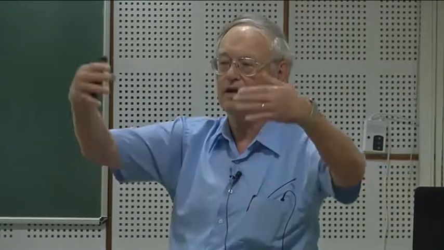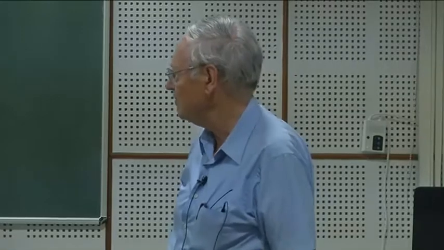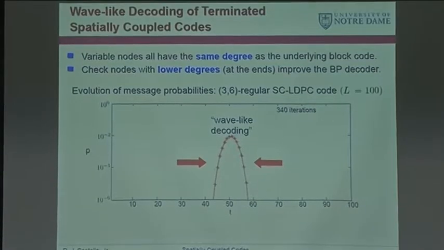Those are connected to further variable nodes, and this effect propagates towards the middle of the graph. Eventually the erasure probability of all the nodes will converge to 0 if we're operating below threshold. If you stop at a fixed number of iterations with these spatially coupled codes, you do have unequal error protection. The bits at the ends of the graph are protected better than the ones in the middle, since it takes longer for this wave effect to reach the variables in the middle.